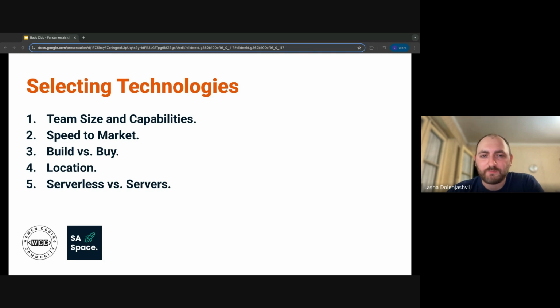We have to make a choice between build versus buy. It is also related to speed to market, of course. So, for example, if we want to build something that will give our business a competitive advantage, then we should go for it and build it ourselves.